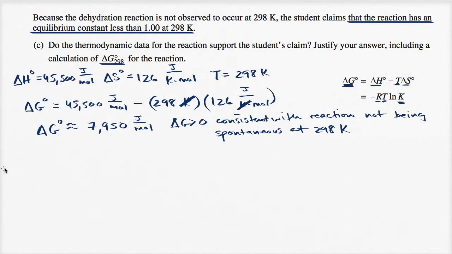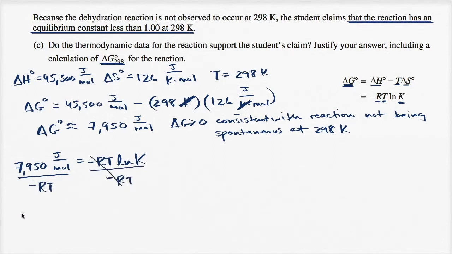And so if we took 7,950 joules per mole is equal to negative RT times the natural log of our equilibrium constant, we'll solve for the equilibrium constant.